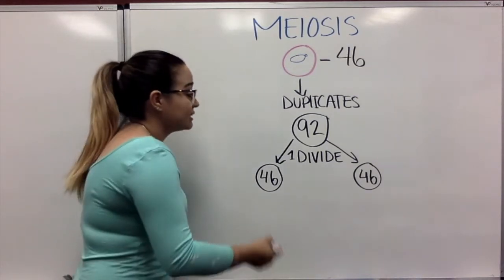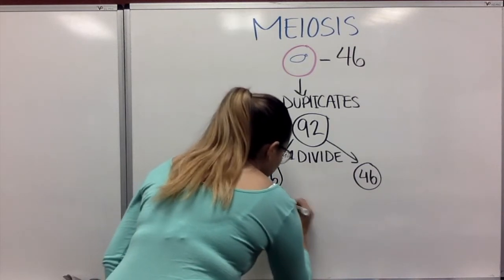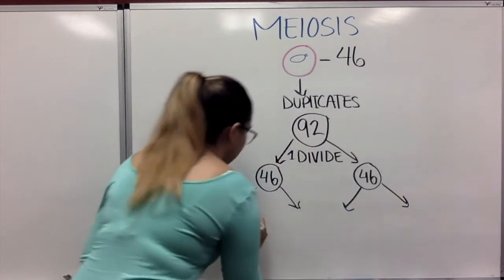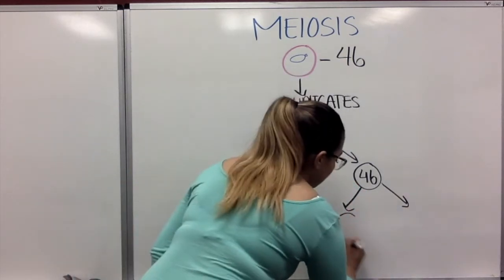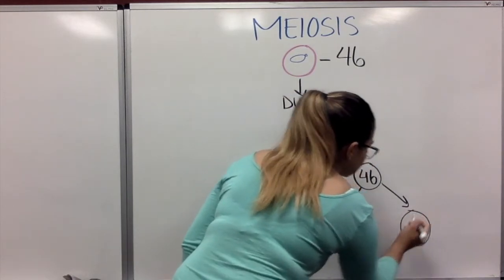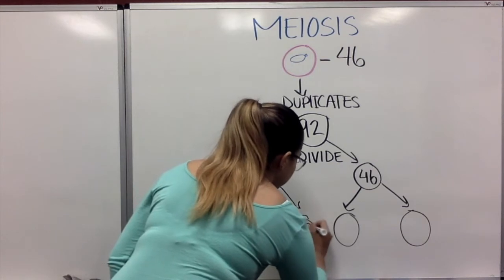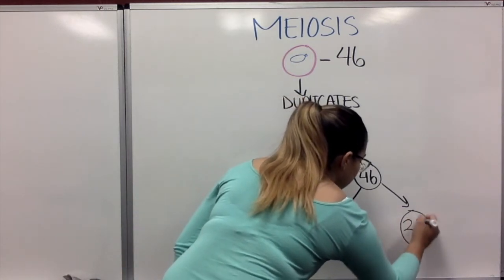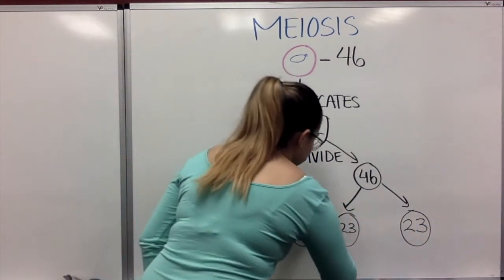Then it divides once again. And we are left with 4 cells that have 23 chromosomes each. So this is the second division.